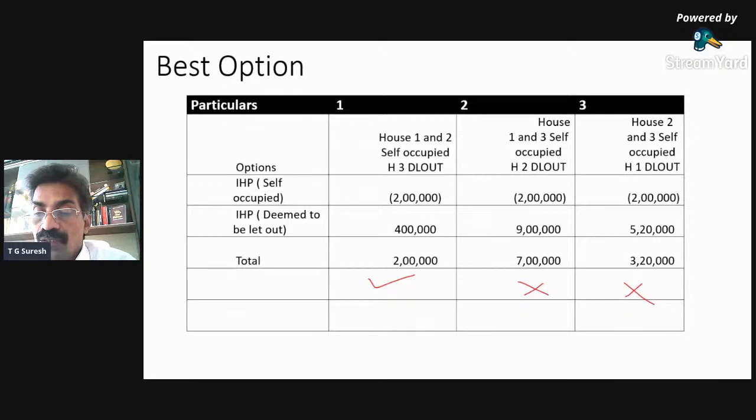Ramchandran, there is no restriction for deemed to be let out properties at all. There was no interest restriction. You can claim any amount of interest.